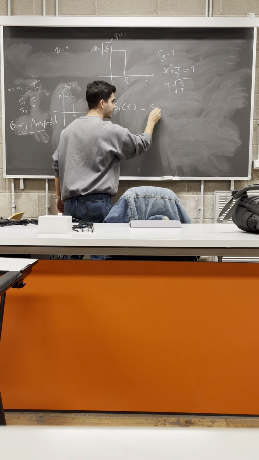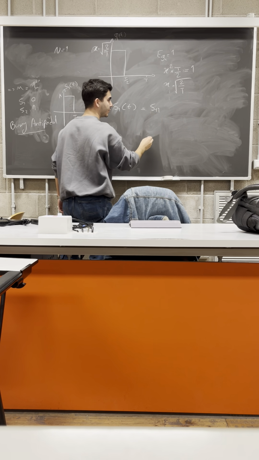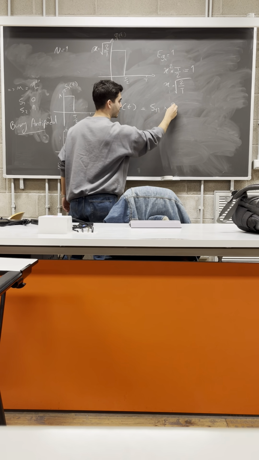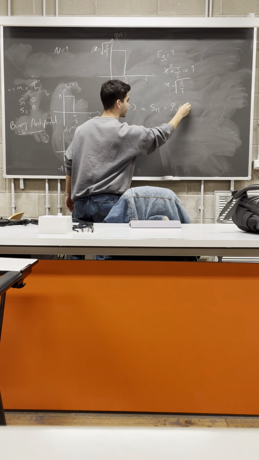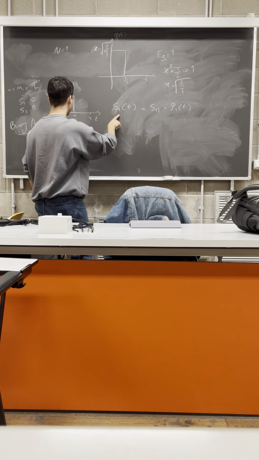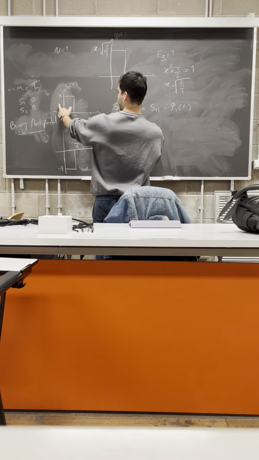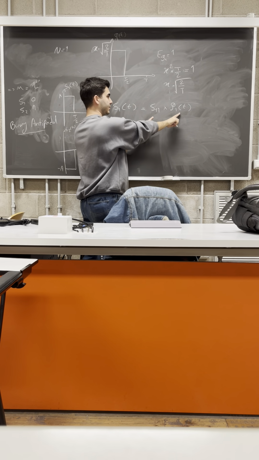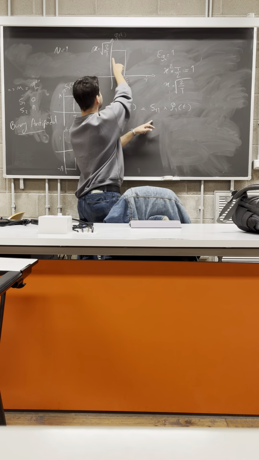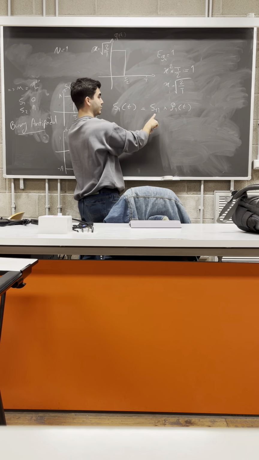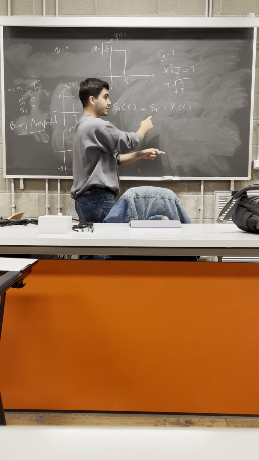So I need S1 projection on phi1 times phi1 of t. I know this one, this is this. I have these two, but I don't know this one yet. I have to derive this one.